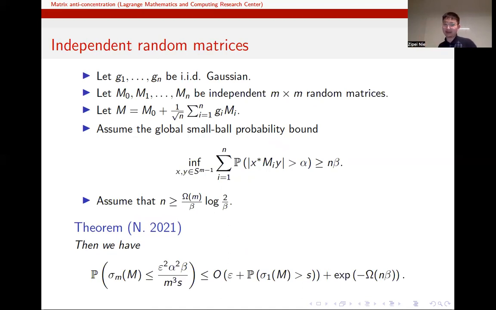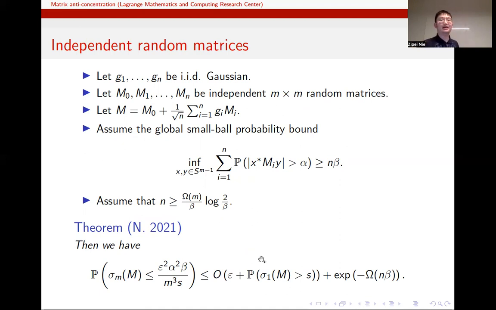Our second result is for independent random matrices M0 till Mn. Remember that in the previous slide, the Mi's are deterministic matrices. However, here they are independent random matrices.